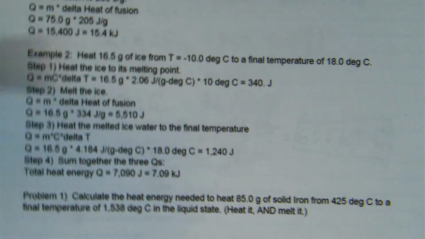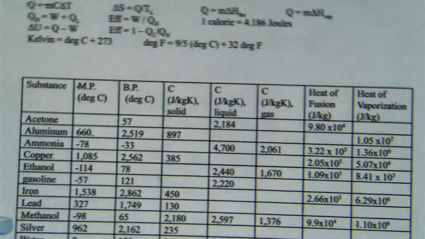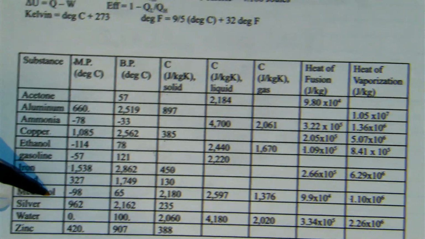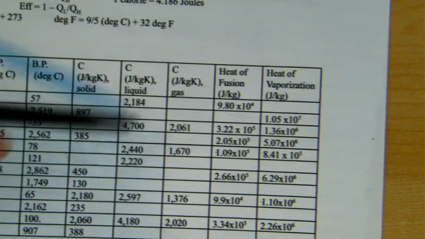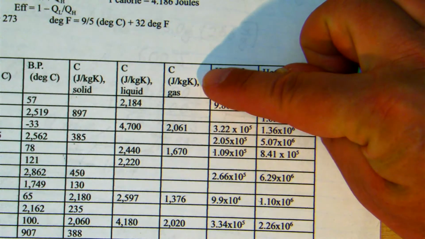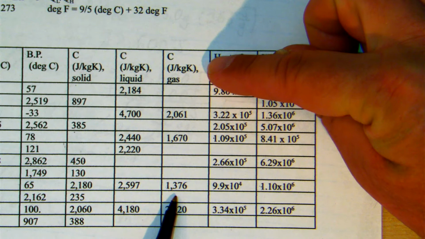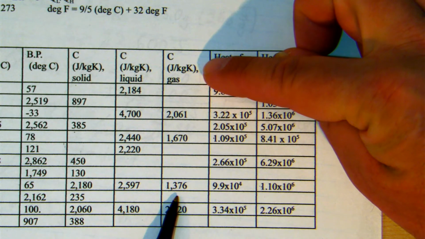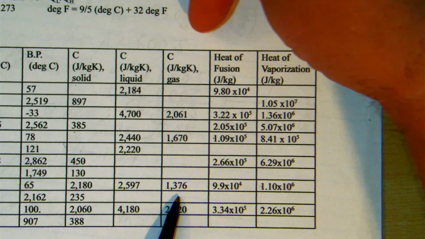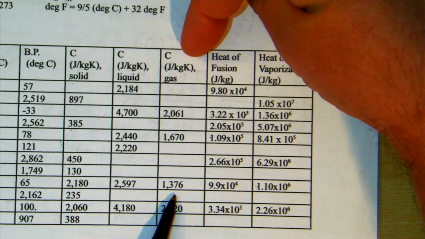In the gas state, liquid methanol is displayed as 1,376 joules per kilogram per Kelvin. Once again, we're going to be working in units of joules per gram per Kelvin. There are 1,000 grams in a kilogram.